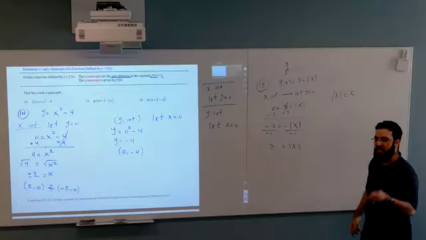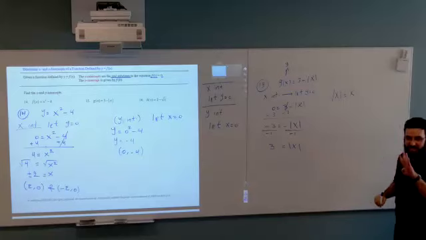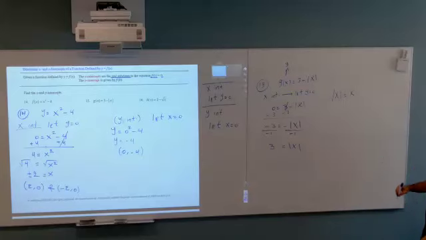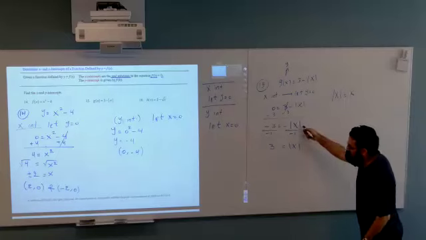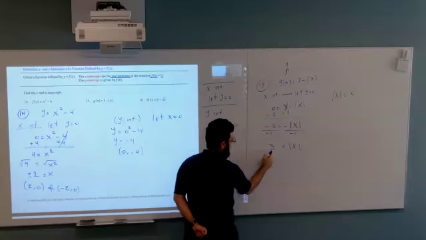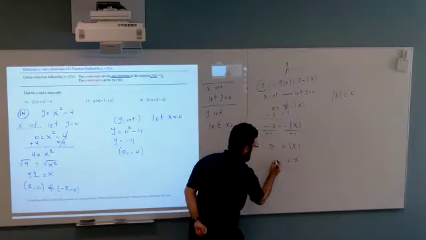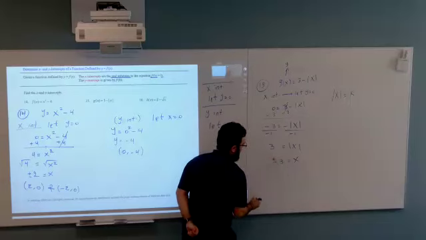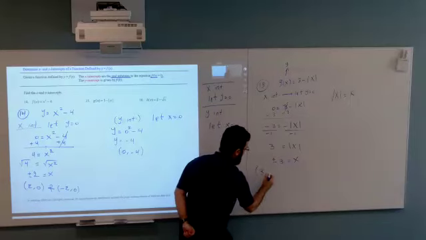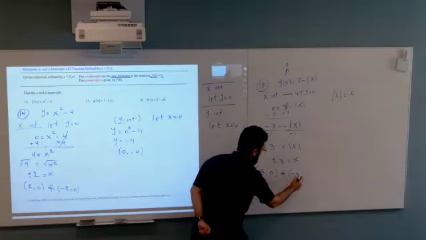If k is negative, no solution. We took 4 cases in section 1.6 about the absolute value. So now k is positive, so x is going to be plus or minus 3. So we have 2 x-intercepts.